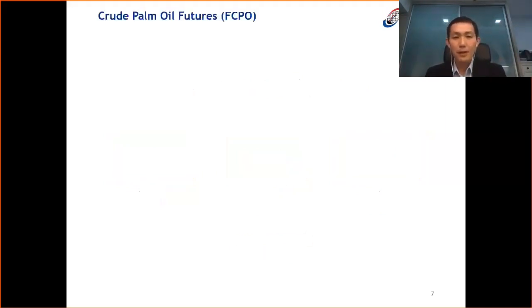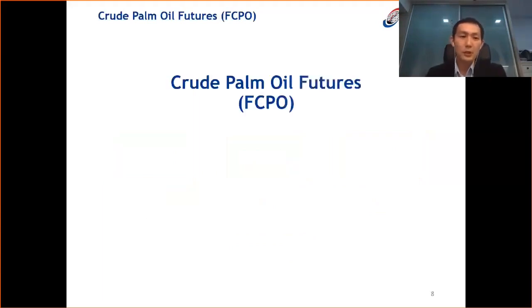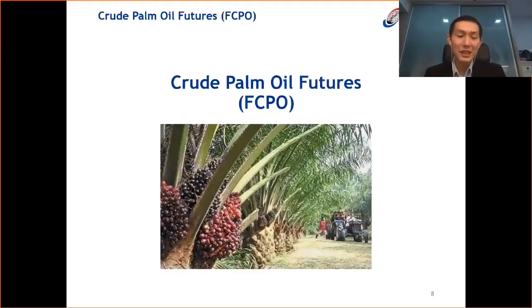Now, let's go into the next thing, which is the crude palm oil futures. So as you know, whenever you listen to this FCPO, or the word CPO, I believe some of you misunderstood that you're actually trading the whole fruit, right? But in fact, it is not, okay? So you see this picture, right? Most of the time when we look at advertisements and news, they show the palm oil tree or the oil palm tree picture.